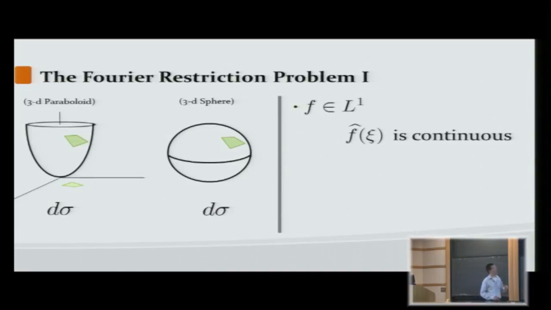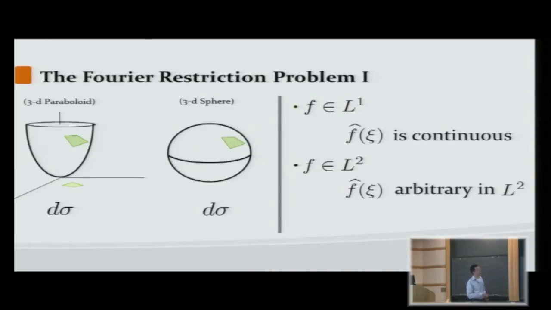And so what we'd like to do, so if I started with a function in L^1, and I take its Fourier transform, well, the Fourier transform is continuous. And if I take a continuous function, I have no problem making sense of it at any given point because it's continuous. And so I can always make sense of it on these surfaces. But if I take a function in L^2, well, its Fourier transform can be an arbitrary function in L^2.